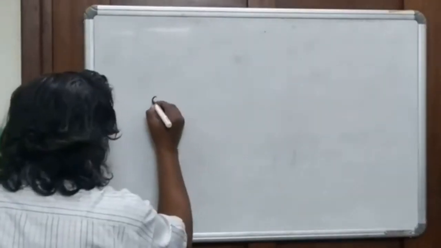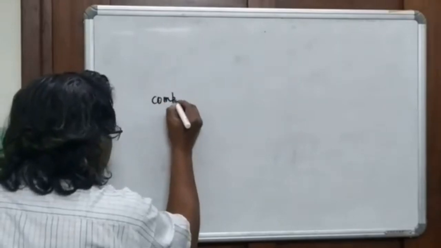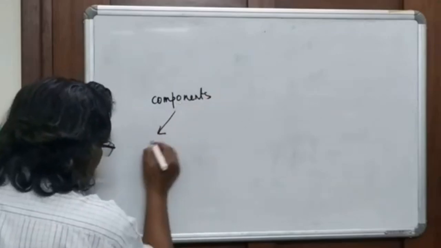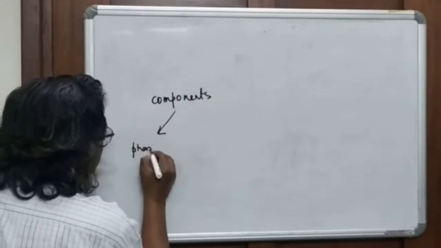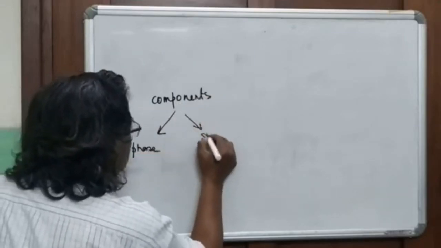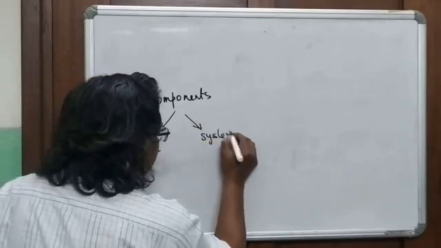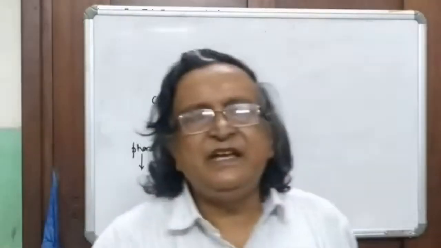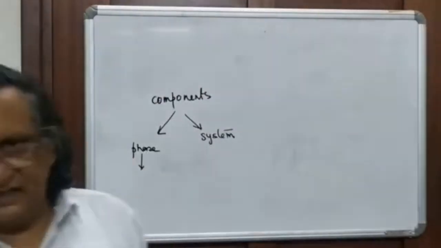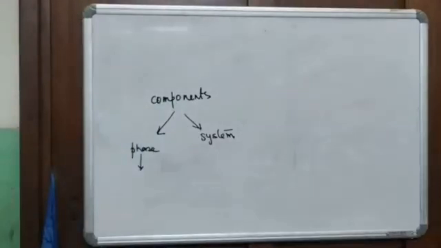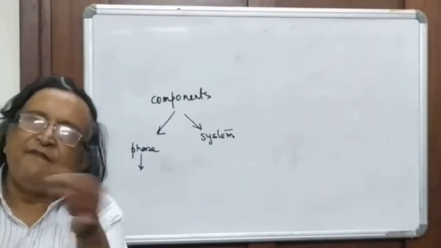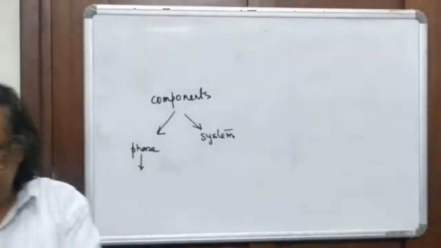It's called components. Components are of two kinds: one is called a phase component and the other is called a system component. A phase component describes the chemical variability of a phase in a system, or the chemical variability of a mineral in a rock.